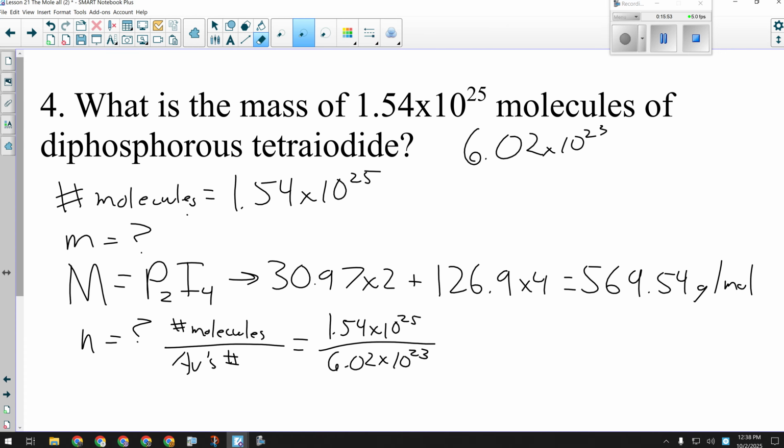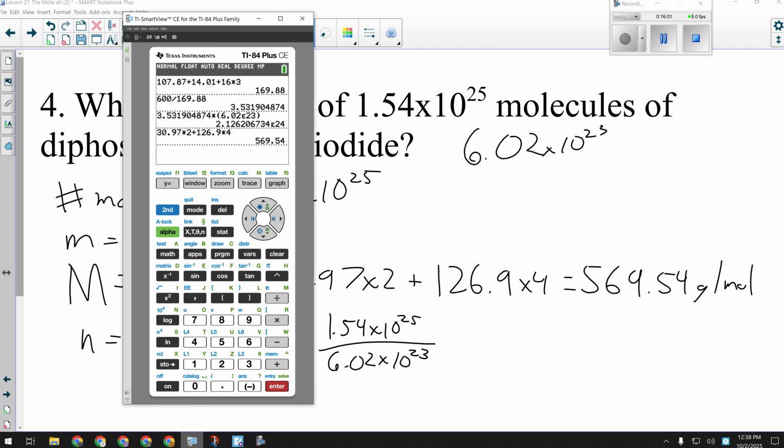Both of those numbers need to be enclosed in their own brackets in your calculator. So it's going to look something like this. In brackets 1.54 second E25, close the brackets, divided by, open bracket, 6.02 second E23, close that bracket.